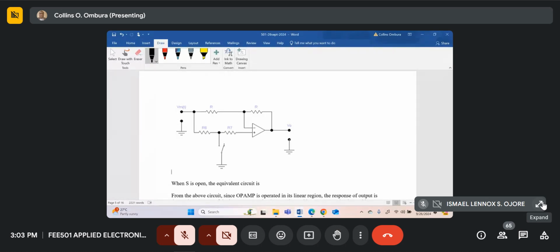So to solve this one, when the switch is open, you can split the supply into two, and you get VMTs with respect to the earth.